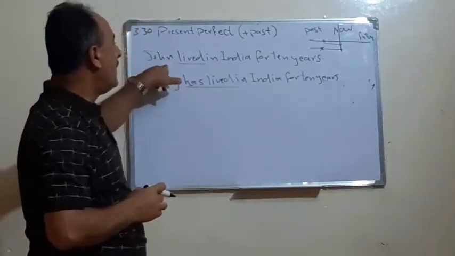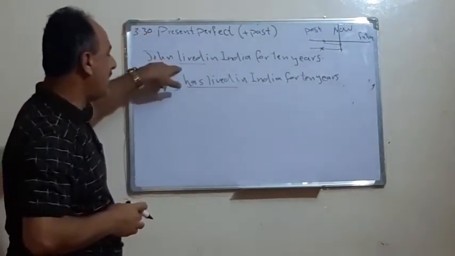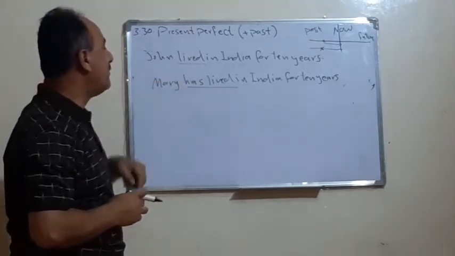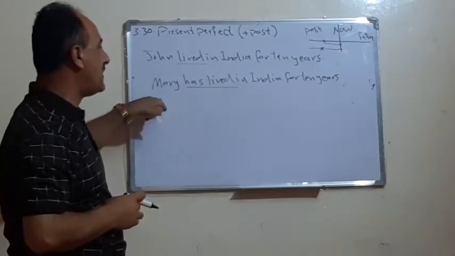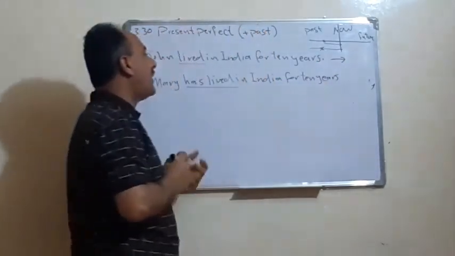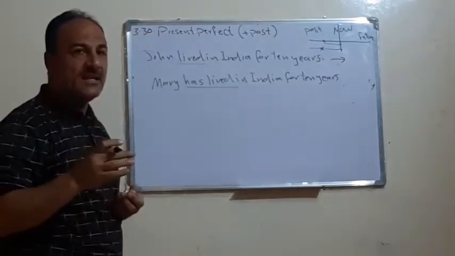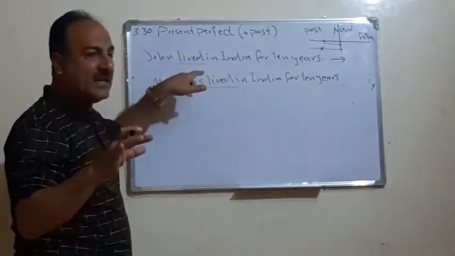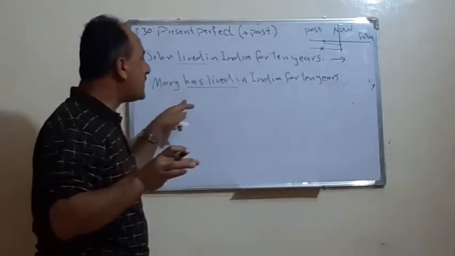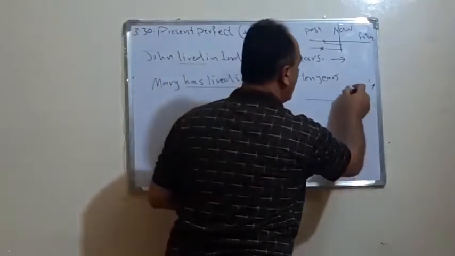The first one is in the simple past, and the second one in the present perfect. So what is the difference between them? Here, the duration of the residency, staying in India, finished, while here it just finished, or up to now.